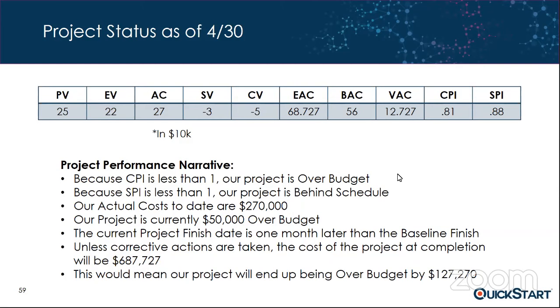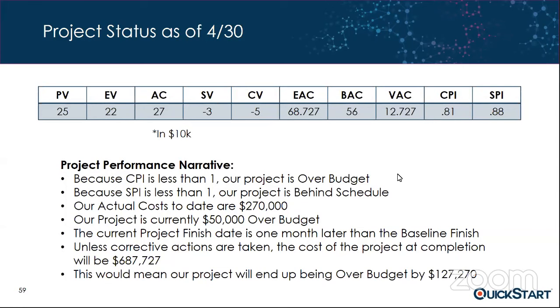Because our CPI is less than 1, our project is over budget. Because SPI is less than 1, our project is behind schedule. Our actual cost to date, and this information is just coming from up above, is $270,000. Our project is currently $50,000 over budget. The current project finish date is 1 month later than our baseline finish.